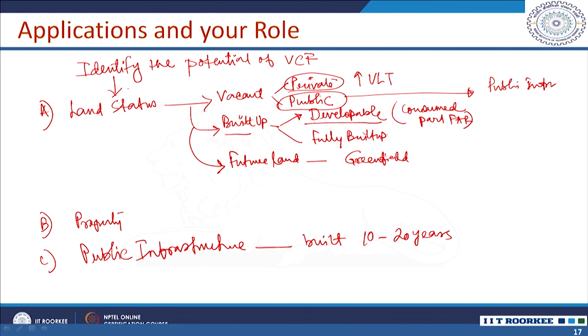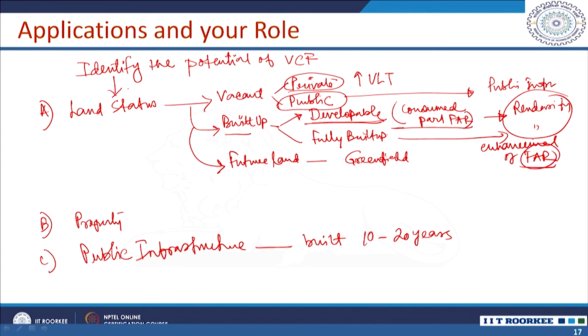The built up land which is developable, which has consumed part FAR, you can definitely play with FAR, or you can redensify. Even in fully built up areas you can redensify if the infrastructure permits. That discussion I already had in some of the lectures, so I am not going into that. This redensification is possible by enhancement of FAR, and that FAR can also be saleable.